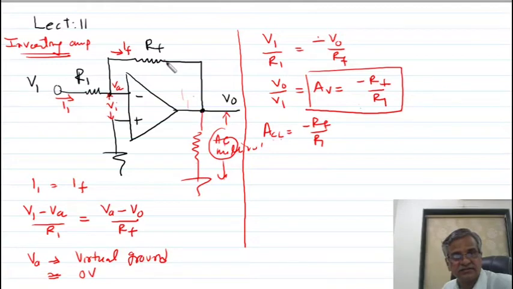In practice, if you want to find the accurate value of the voltage gain, input impedance and output impedance, then we have to draw the equivalent circuit of the entire inverting amplifier.